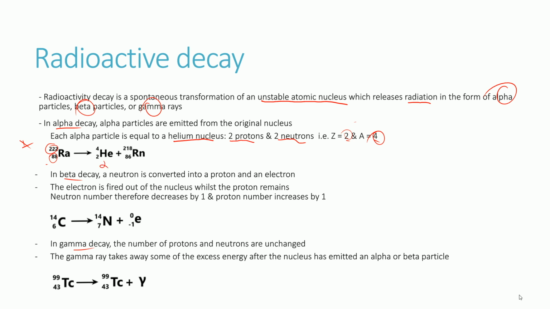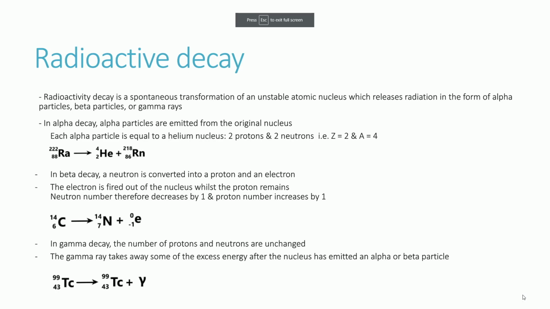As a result, when you take away 4 mass from the original 222, you're left with 218, and since you lost 2 protons, 88 minus 2 becomes 86, so that is the remaining atom from the decay, and you get the release of the alpha particle, which is equivalent to a helium nucleus.